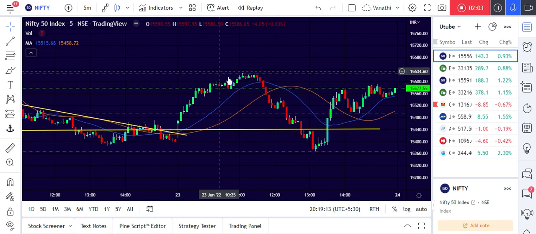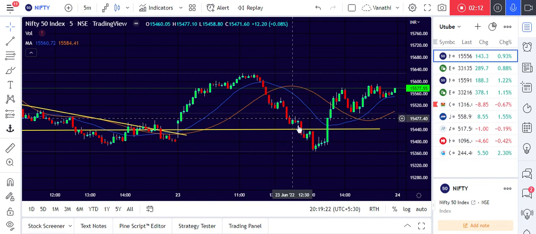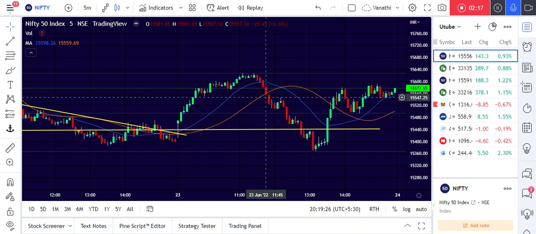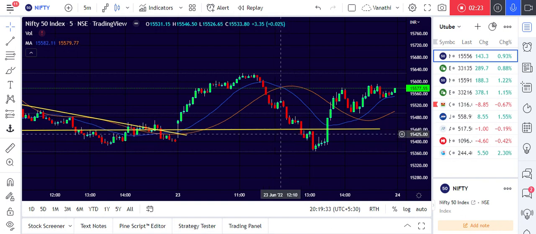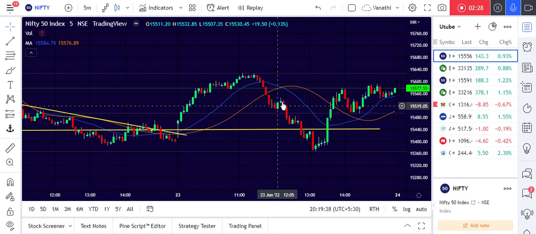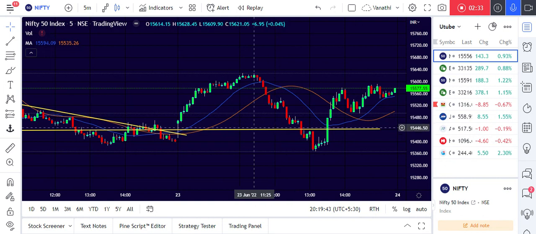Once the price breaks this, I can expect price may take support around this level, or if it breaks, it will reach here. That was my expectation, and I shorted here and booked around here, because sometimes the price won't touch the support, it may bounce also. Already it was having retracement around this level. So that was the second trade.